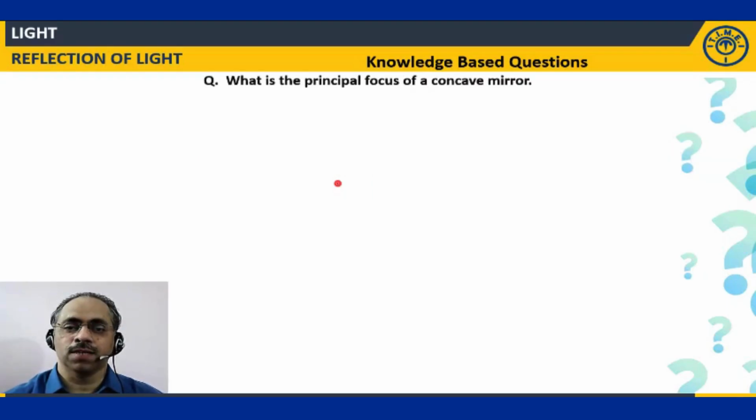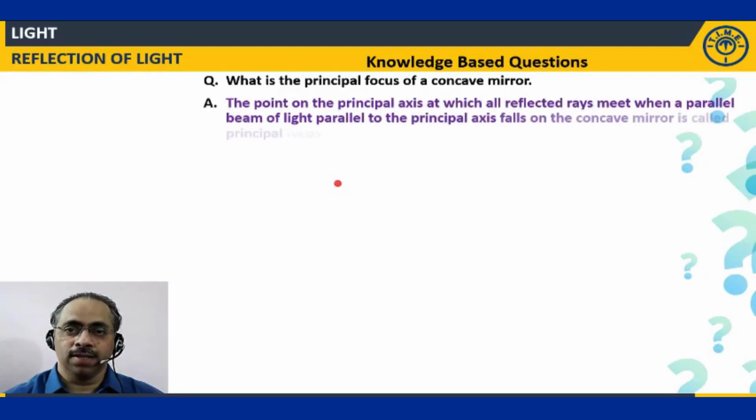What is the principal focus of a concave mirror? What do you mean by principal focus? The point where a parallel beam of incident light, parallel to the principal axis, after reflection will pass through that point. Okay. So the point is the one on the principal axis at which all the reflected rays will meet when a parallel beam of light parallel to the principal axis falls on the concave mirror.